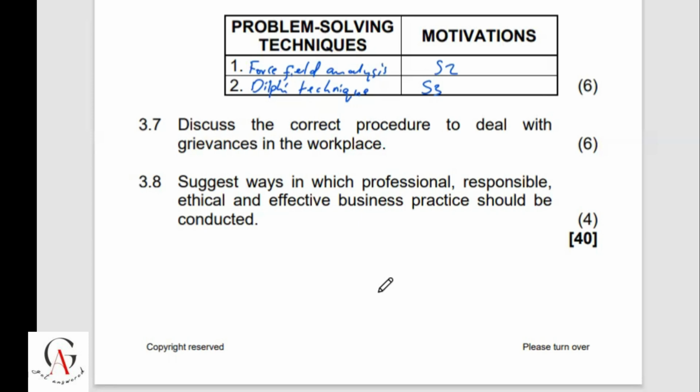But there are some guidelines that you should follow whenever you are not happy with the working conditions at any institution that you are working for. So remember, respect should always be given, even though you want to raise your grievances or the pain inside of you in line with the execution of your duties.